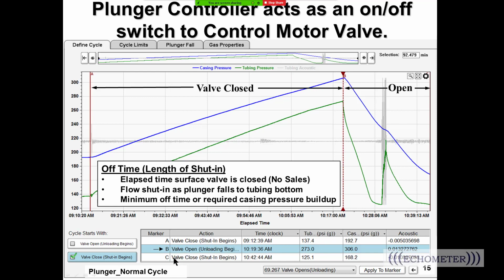And this is where the valve closes and the next cycle begins right here. And these are the actual clock times of those events. And we can click on this word clock and change that to minutes, seconds, hours, or clock time. So there's different ways to show this data, and you choose which way you want to show the data and make your reports and things like that.